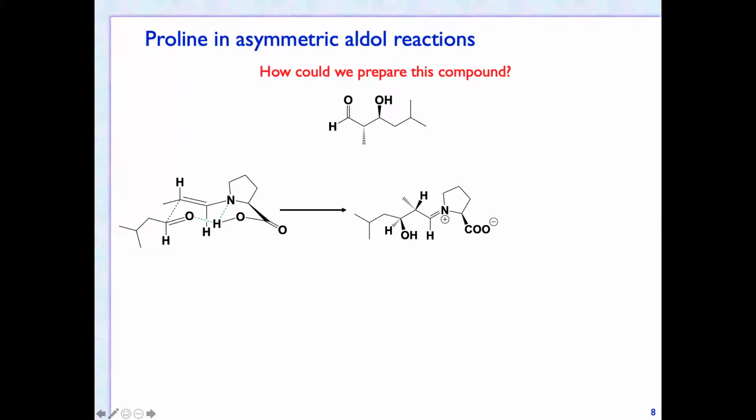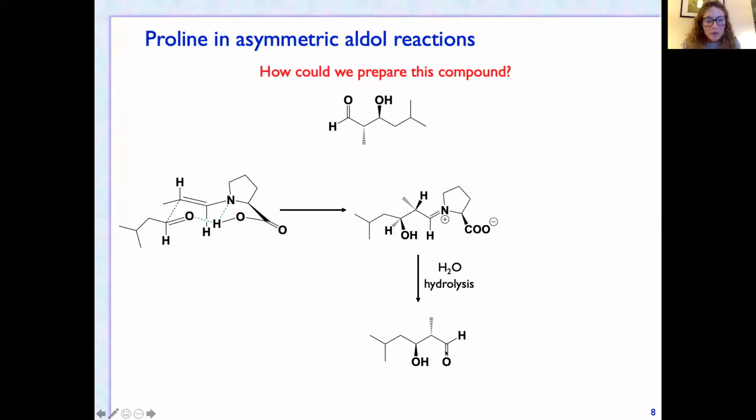And from here, what do we do? You can hydrolyze the... Correct. We just hydrolyze the amine with water, and we obtain our product, plus of course the proline, which gets recycled. And it shouldn't be too hard to see that this product here is our target molecule.